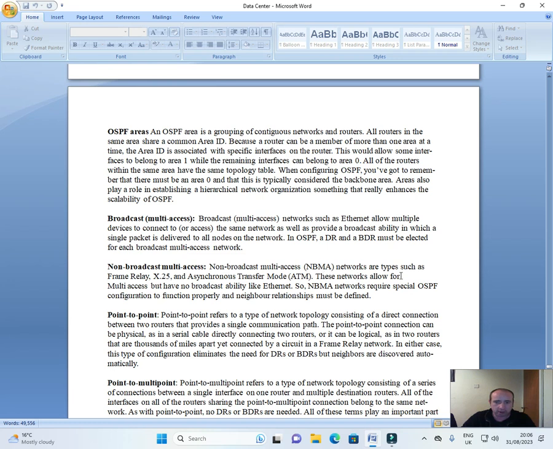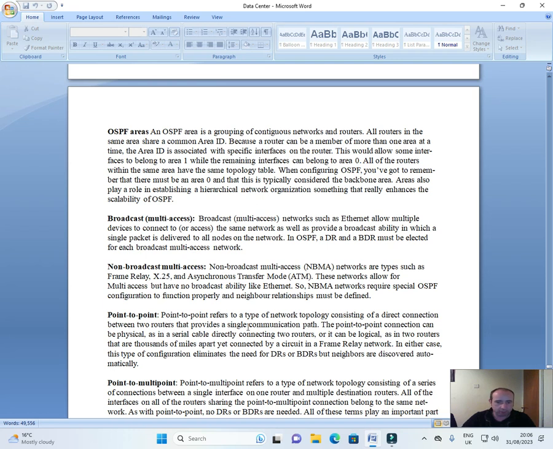NBMA networks are types such as Frame Relay, X.25 and Asynchronous Transfer Mode, ATM. These networks allow for multi-access but have no broadcast ability like Ethernet, so NBMA networks require special OSPF configuration to function properly, and neighbour relationships must be defined.